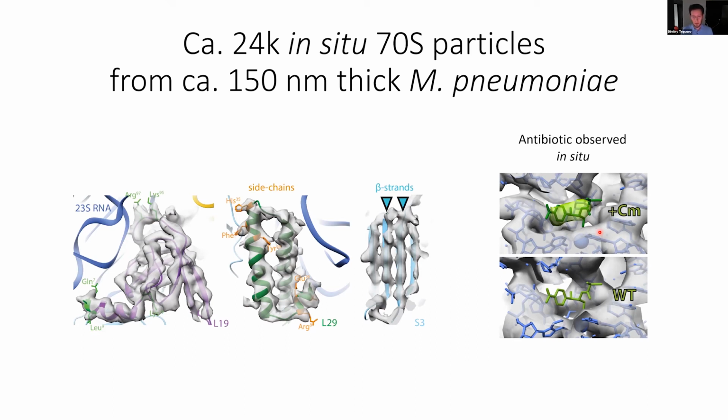Now, I think the way forward here will be very different from what we saw for in vitro frame series data, where ribosomes were also some of the very first molecules solved to very high resolution by single particle analysis.